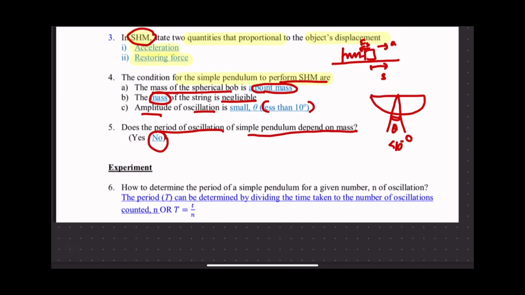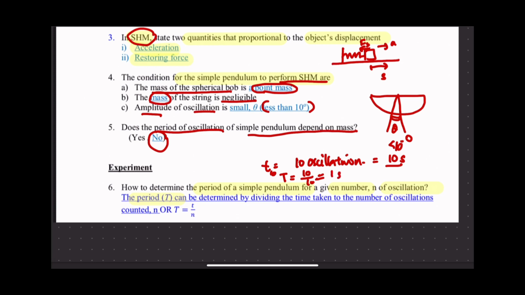Okay, next experiment: how to determine the period of the simple pendulum for a given number of oscillations. To get the period, meaning one complete oscillation, if you have 10 oscillations, you take the time taken for 10 oscillations. For example, for 10 oscillations you get 10 seconds. To get the period, you divide the 10 seconds by 10 oscillations, so you get 1 second for one complete cycle.